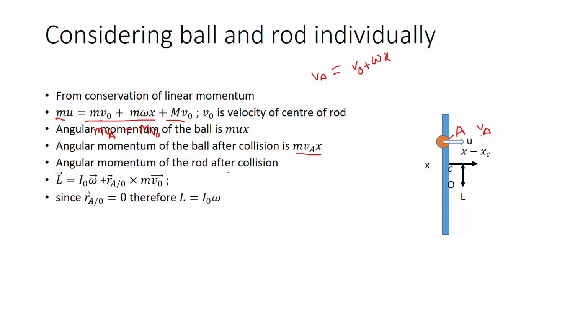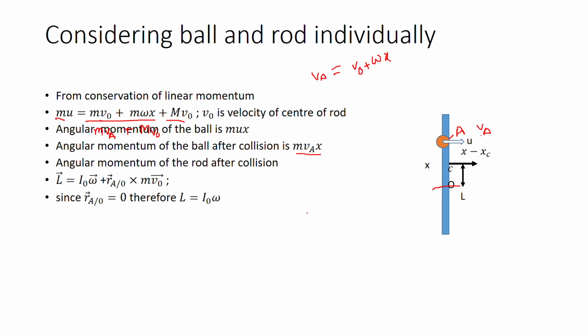and angular momentum of the rod after collision, because we are taking angular momentum about this point, so this L equals to I naught into omega plus RA, means position vector of A with respect to O, cross mv naught.